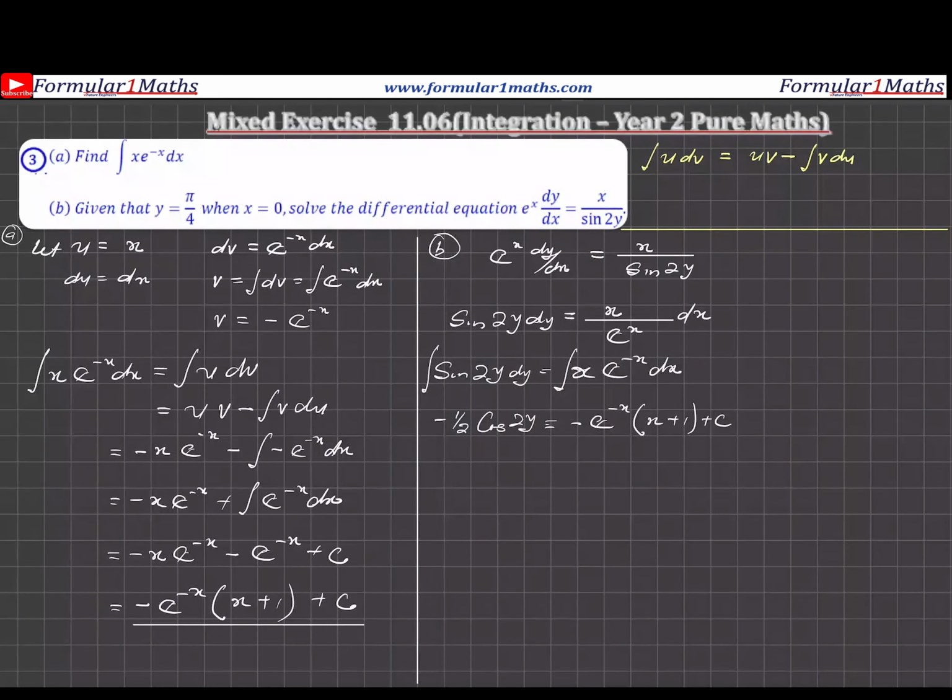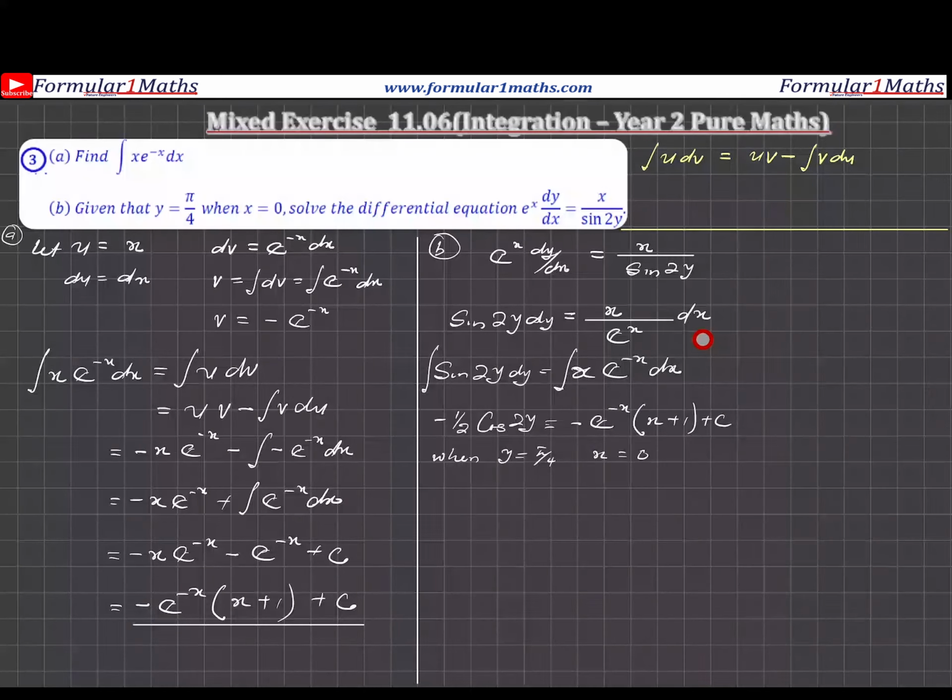We are told that when y is equal to pi over 4, then x is equal to 0. So I'm going to do the substitution in this equation to find the value of my integration constant.